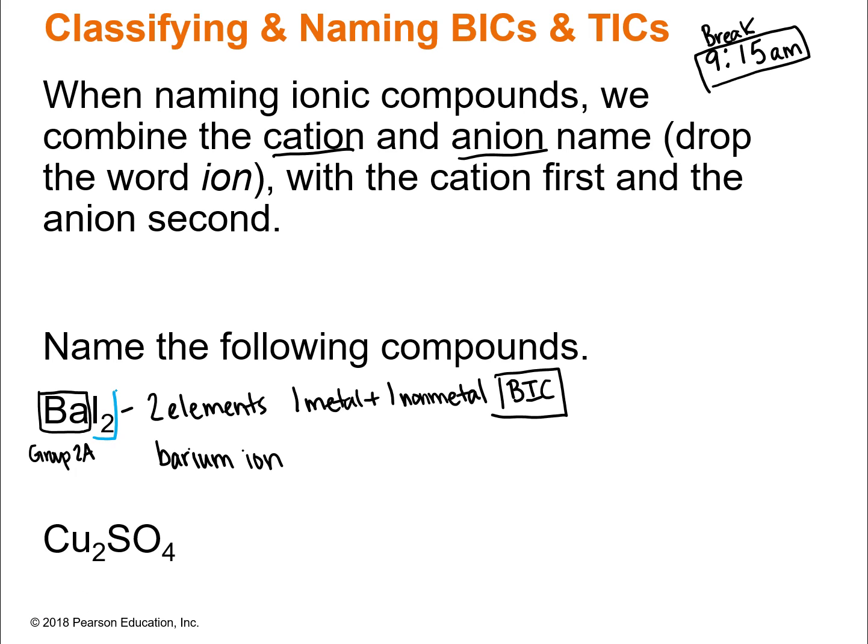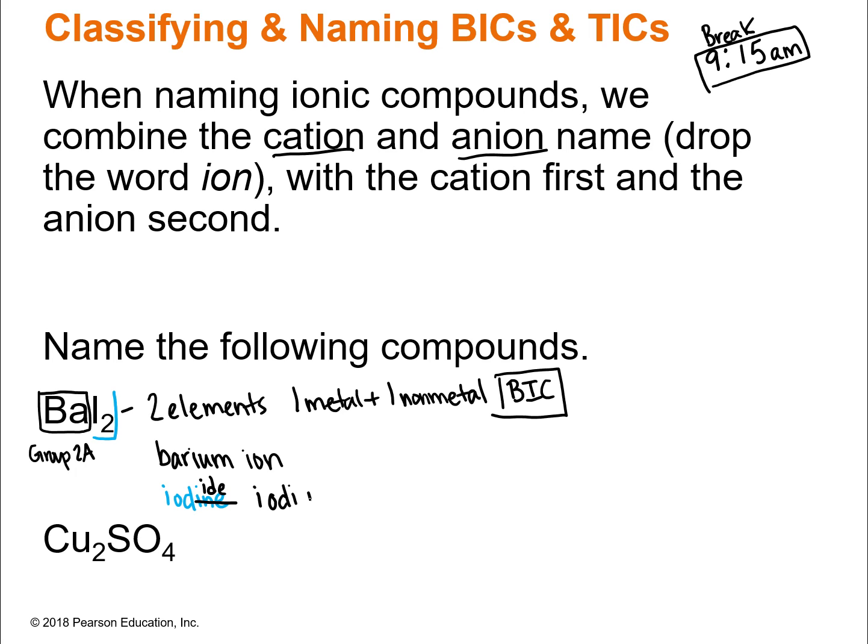Now you've got to deal with the anion. I is iodine. For naming a monoatomic anion, you get rid of everything that isn't the first syllable and replace it with IDE.